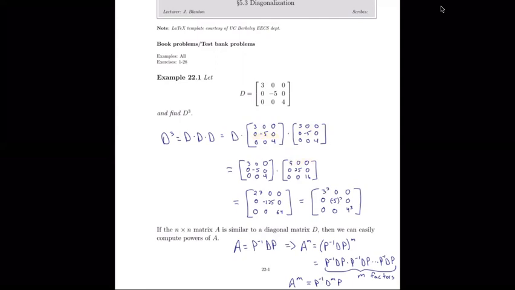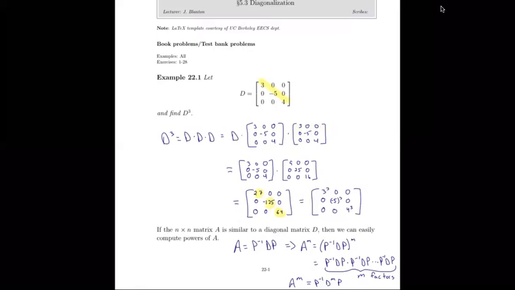So you can carry out the details of this product on your own and see that D squared is actually this matrix. So it looks like we just square the elements along the diagonal. We still have the third copy of D to multiply D squared by. And we get what looks to be 3 cubed, negative 5 cubed, and 4 cubed. So just the cube of our diagonal elements.